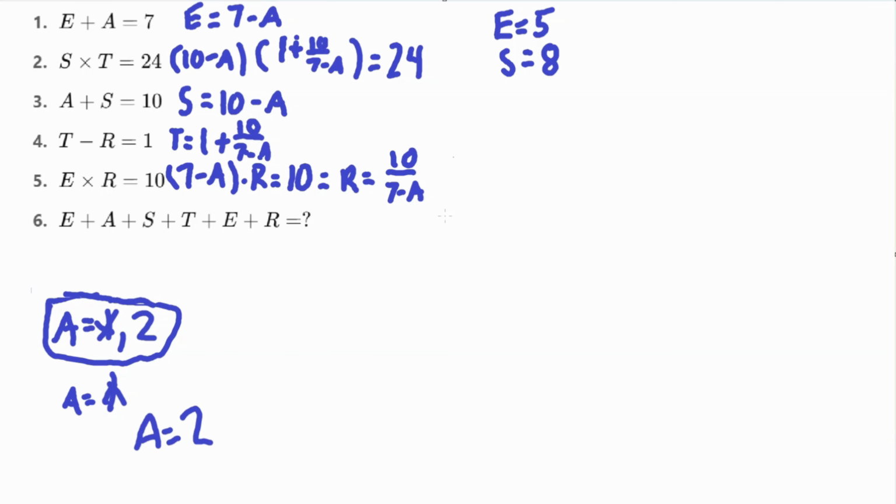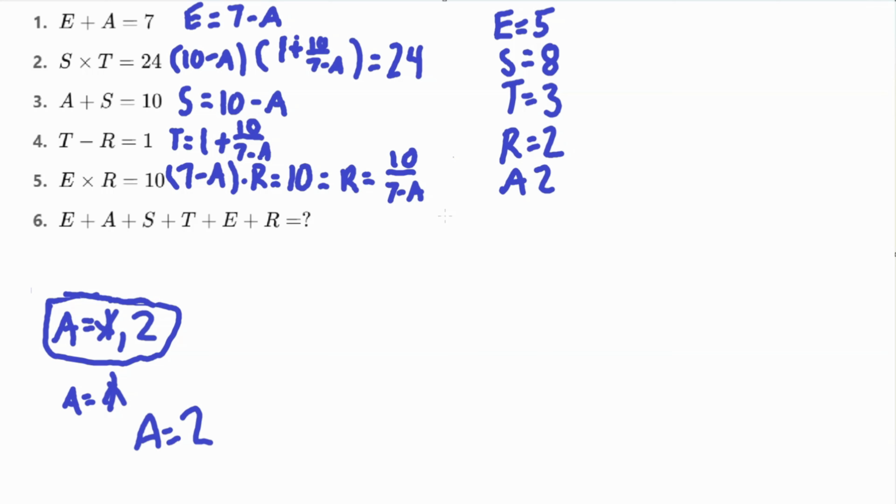So 10 over 7 minus 2 is 10 over 5, so that's equal to 2. So 1 plus 2 is equal to 3. And then our r is equal to 10 over 7 minus a. So we already went over this. This is 10 over 5, so r is equal to 2. And then our a is also equal to 2.